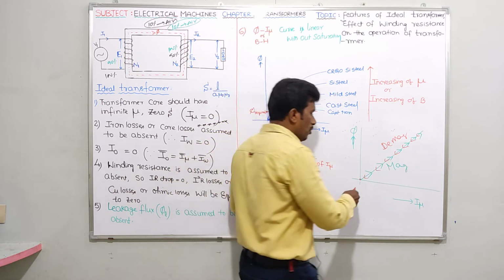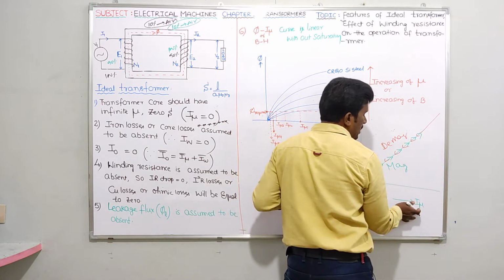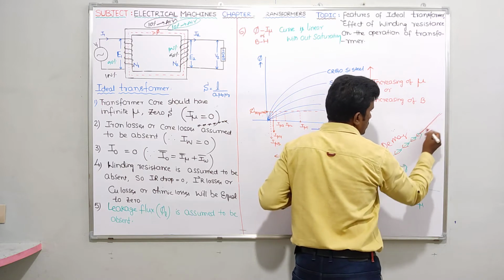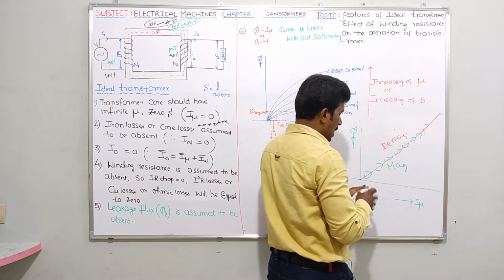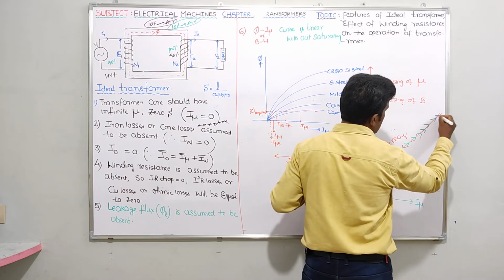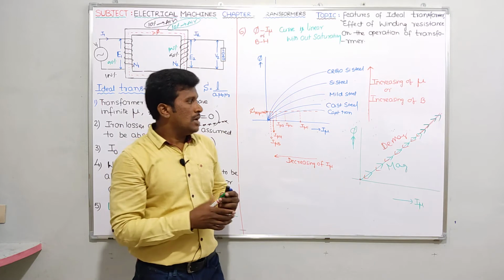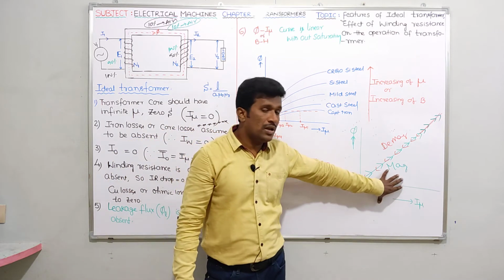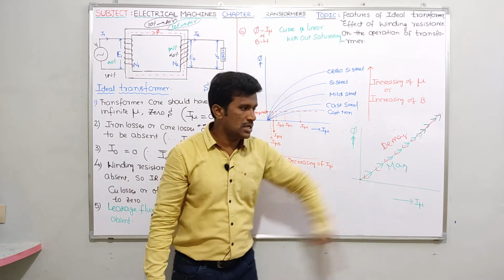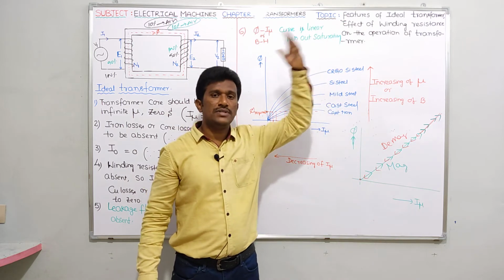If you increase I mu value, flux will increase correspondingly. There is no saturation. But see, guys, ideally this type of material will not exist. You are increasing I mu, flux is increasing without saturation.